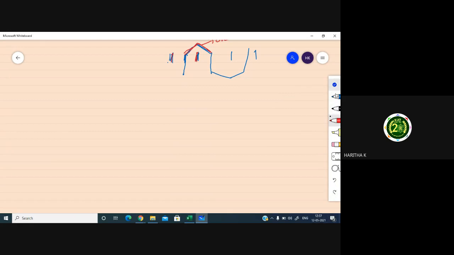Let's see with an example. We are doing some modifications to improve the performance of the motor, right? To reduce the losses, we are doing some modifications. Thereby, the efficiency is improved.